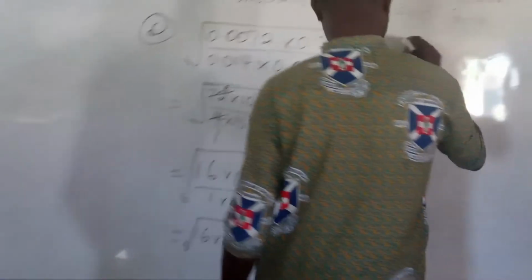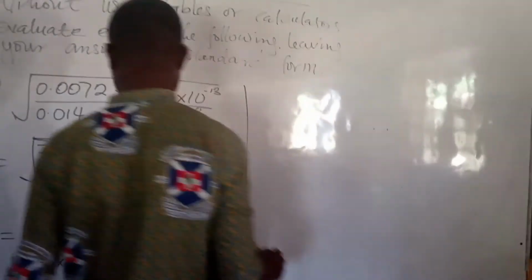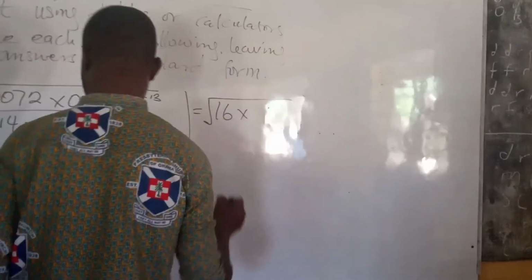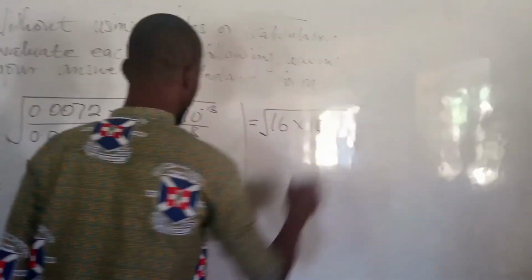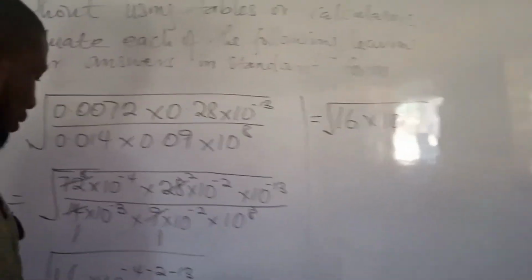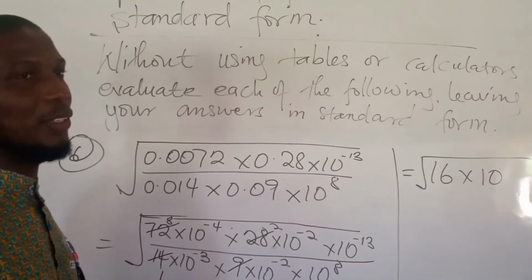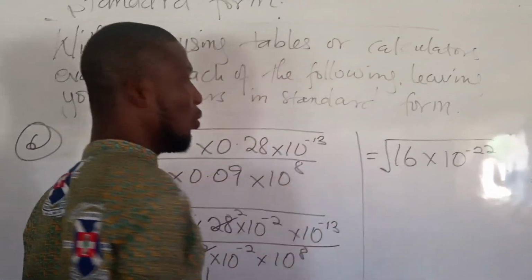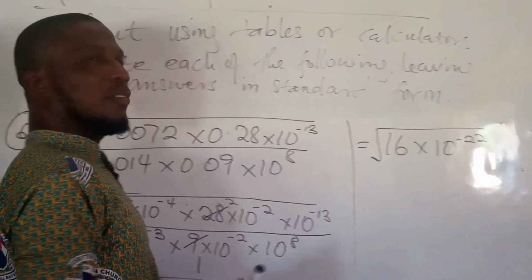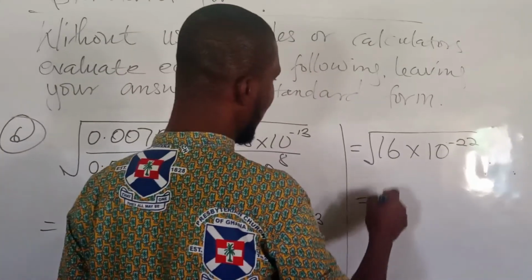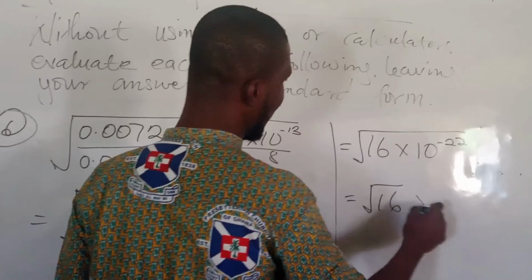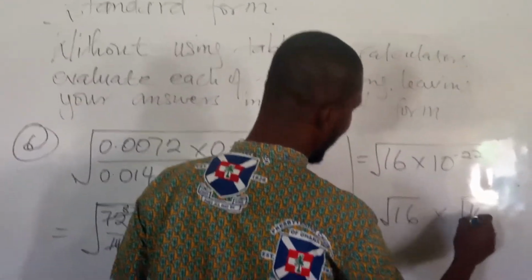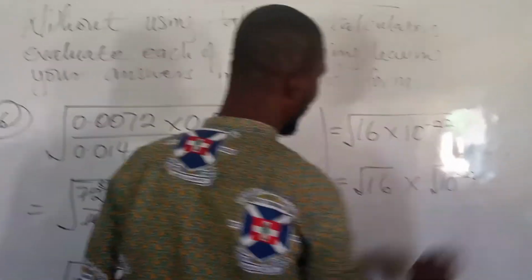Then this will give us the square root of 16 times 10 exponent negative 19 minus 3, which will give us negative 22. So remember, this will be the same as the square root of 16 times the square root of 10 exponent negative 22.